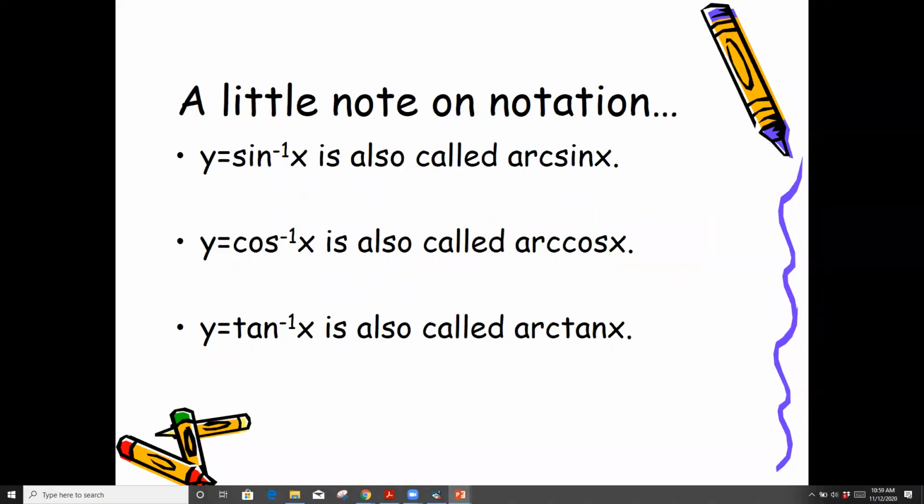So a little note on notation. Some calculators, like the TI Inspire, you might see y equals the sine inverse of x. But on other calculators, you might see a button called arc sine of x. It's just notation. It means the same thing. So cosine inverse is the same thing as arc cosine. Y equals tangent inverse is the same thing as arc tan.